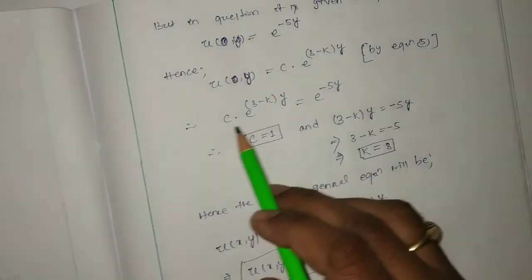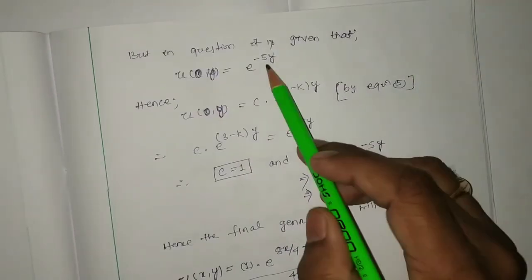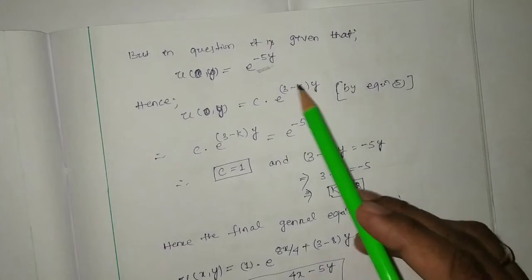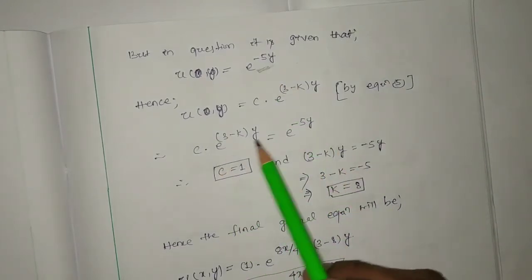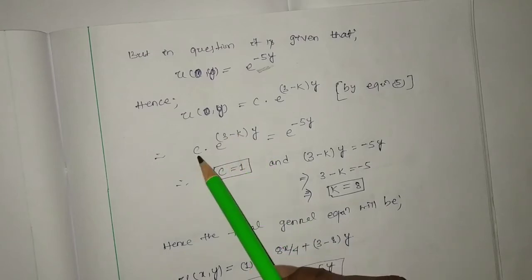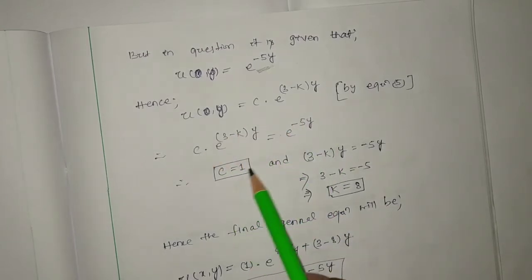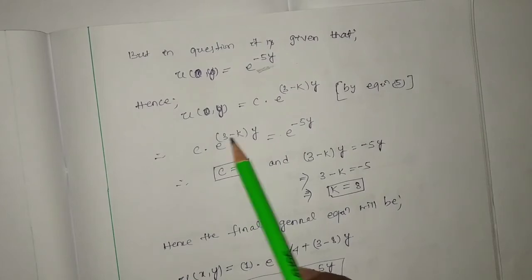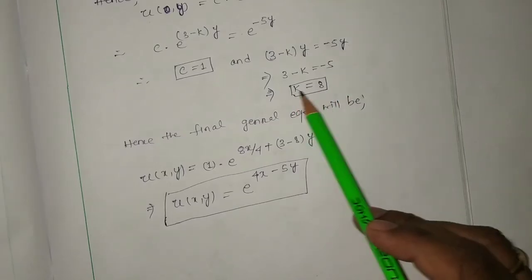So c into e to the 3 minus k into y will be equal to the condition given, e to the minus 5y. So here the coefficient of this exponent and this exponent, c, will be equal to 1, and the power 3 minus k into y equals minus 5y, hence k equals 8.